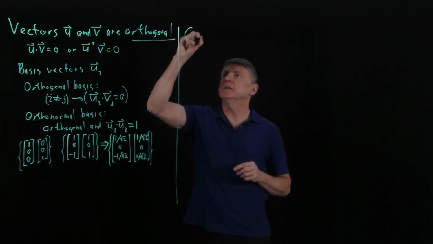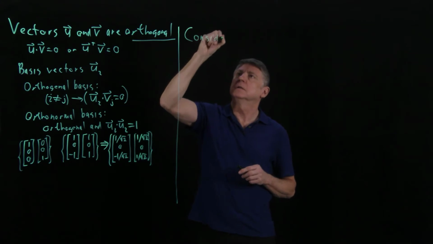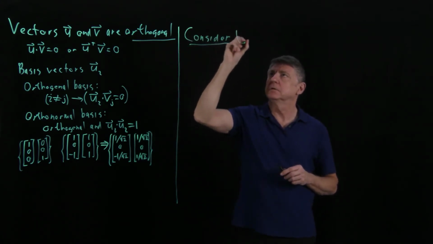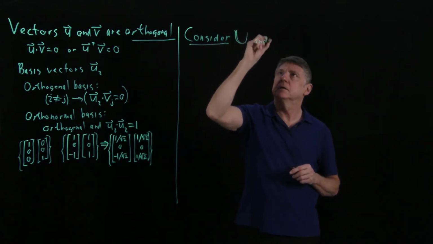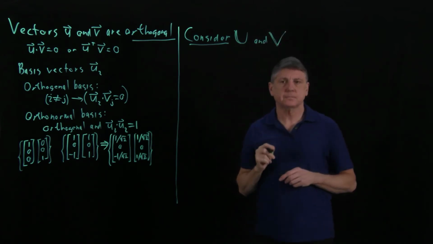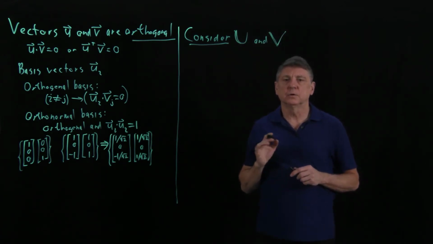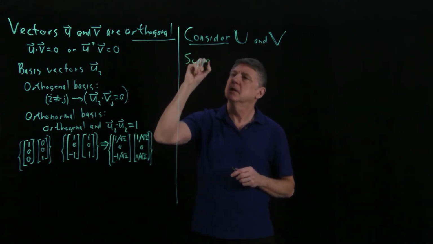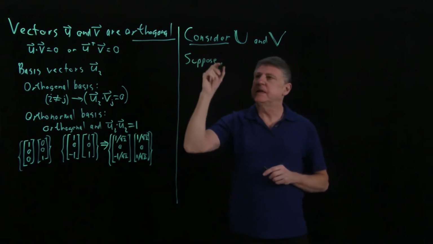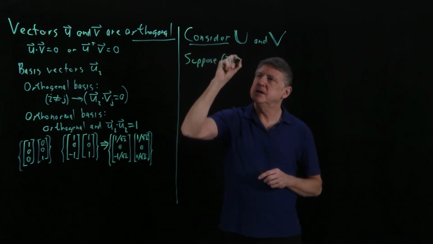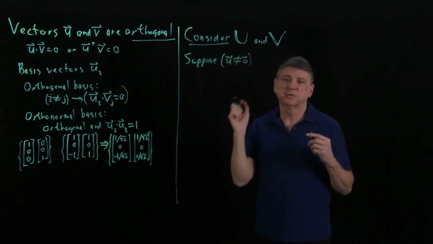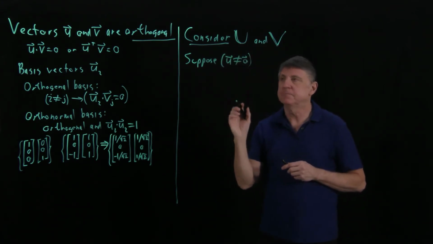So let's consider vector spaces double-barreled U and double-barreled V. And let's suppose that if U is not the zero vector, in vector spaces we're forever having this requirement, by the way.